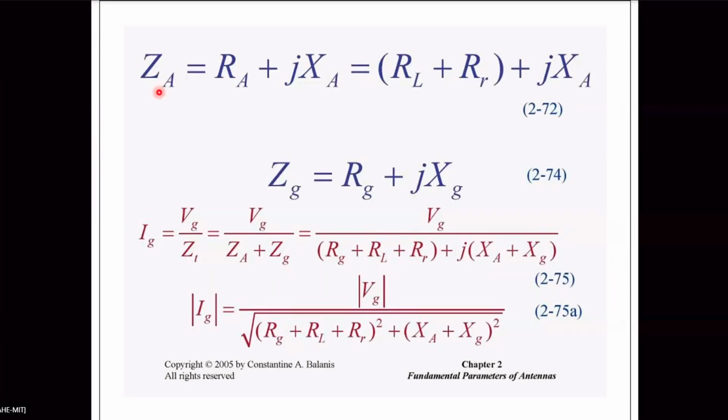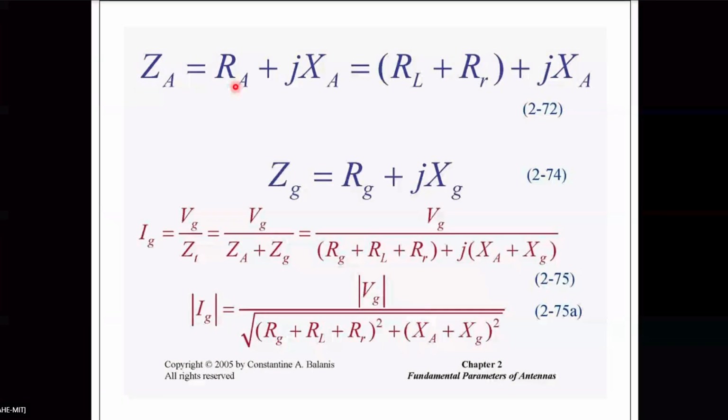Now ZA, antenna impedance, is RA plus jXA, that is RL plus RR plus jXA. Have you understood? Is it understood? Yes, sir. And ZG is RG plus jXG.